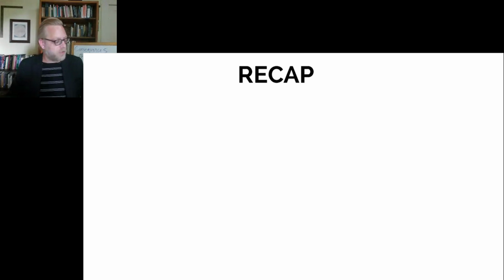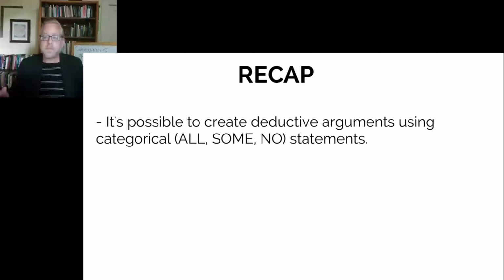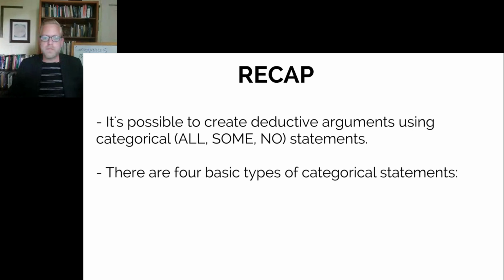Okay, so just laying the foundation here. Just to recap, so you're crystal clear on what we've said today so far. You can create deductive arguments, not just the way propositional logic does it, but you can also do it like this with categorical statements. All, some, no. And there's four basic types that you should know about.